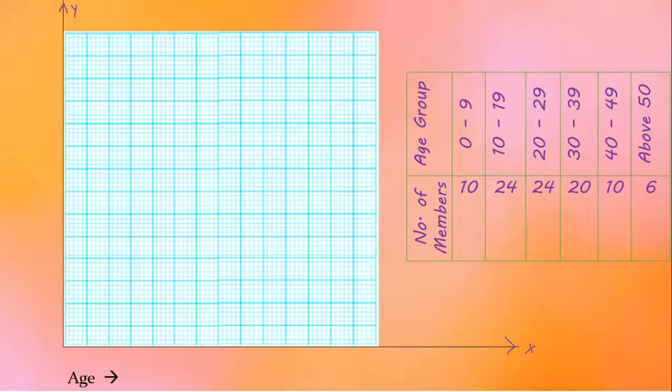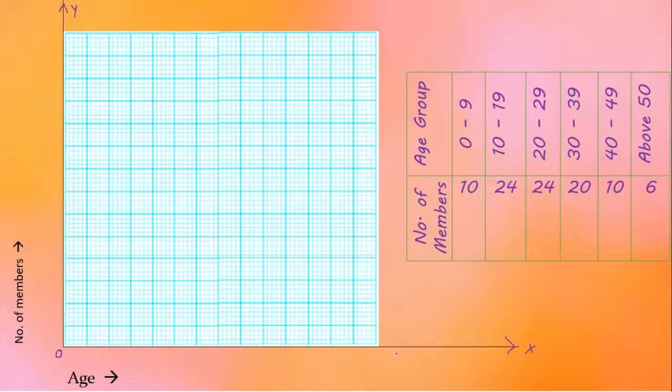And the frequencies are taken on the y-axis, it is the number of members. The common point between the x-axis and y-axis is 0. The next step is marking the age groups 0 to 9, 10 to 19, 20 to 29 and so on on the x-axis.